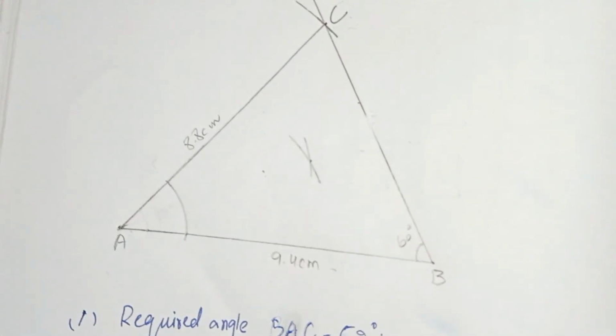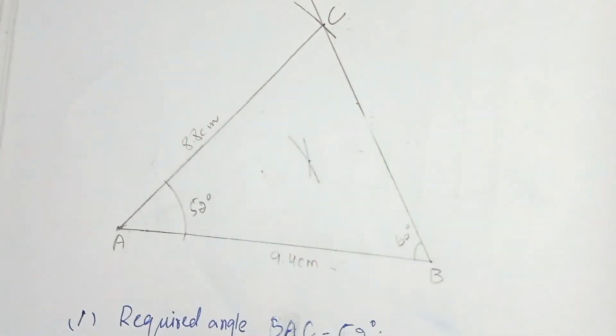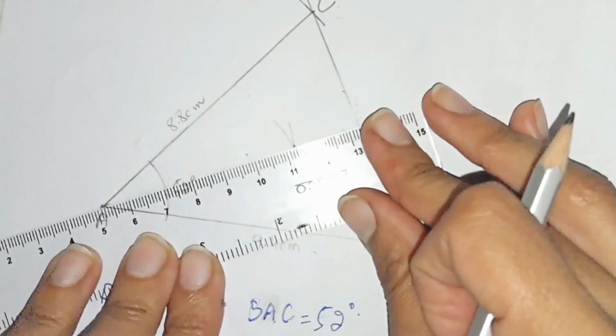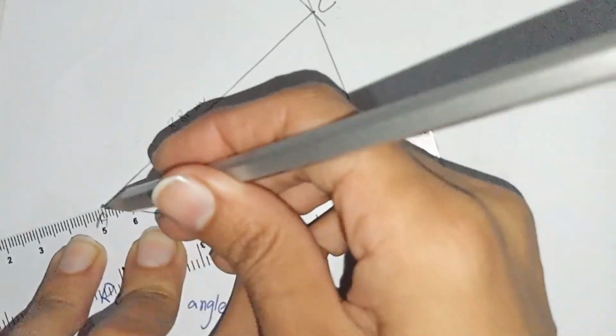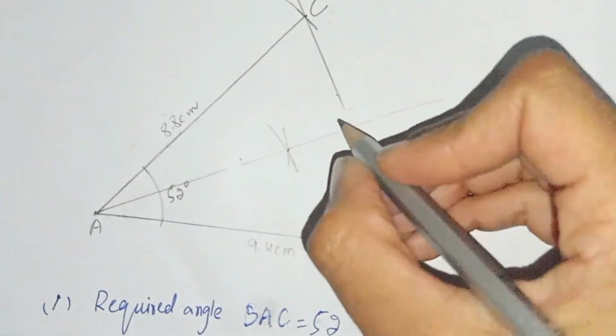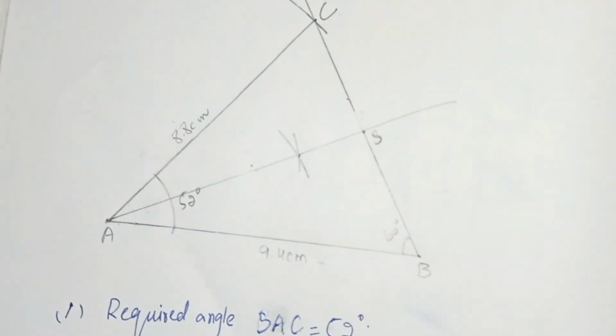And now we have to join this point. This is the angle of 52 degrees. Now we have to join this point, and where the line cuts, it is the point S. It is given in part number 2.